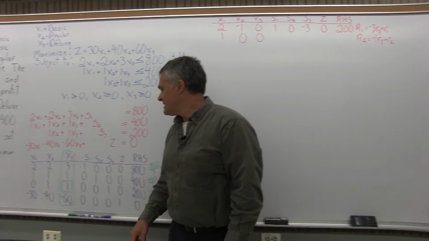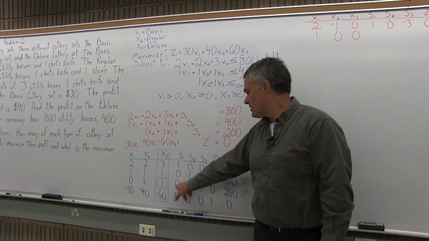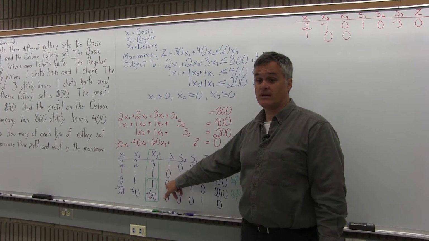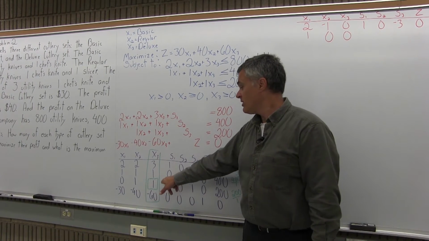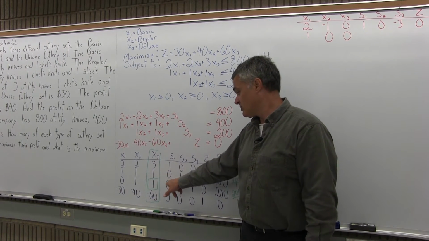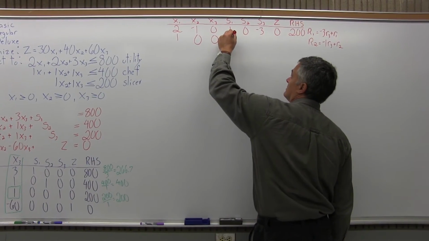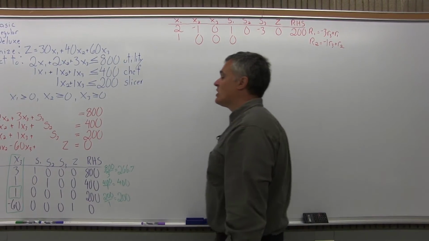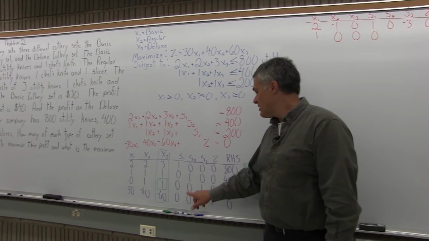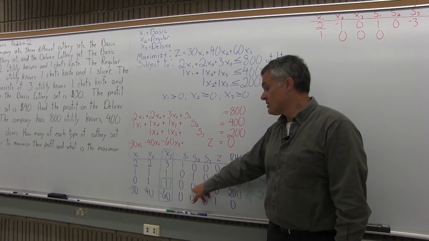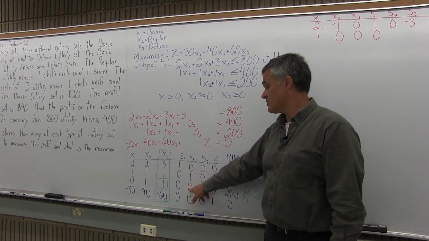The next column is S1. So for S1, negative 1 times row 3 is negative 1 times 0. That's 0. You're going to add that to what's in row 2. So you're going to add 0 plus another 0, which is 0. The next column is the S2 column. You're going to do negative 1 times row 3 is negative 1 times 0. That gives you a 0.